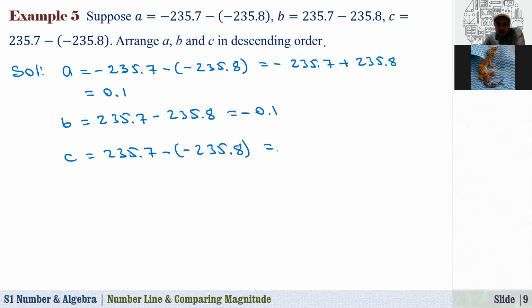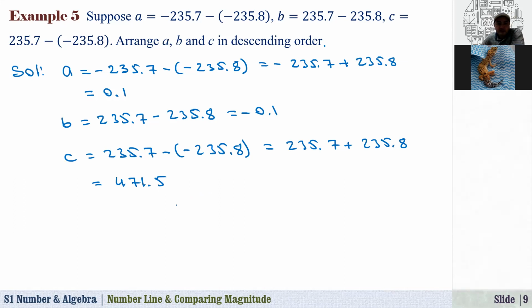So minus is plus, right? Here we have plus 235.7 plus 235.8, which is equal to 235 plus 235, that is 470, 0.7 plus 0.8 is 1.5, so that is 471.5.